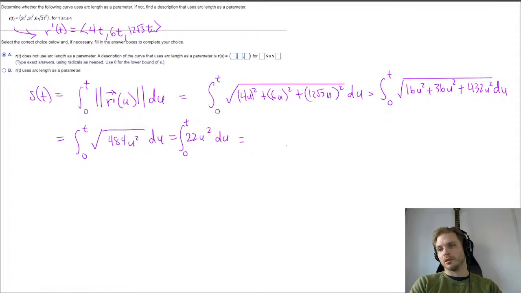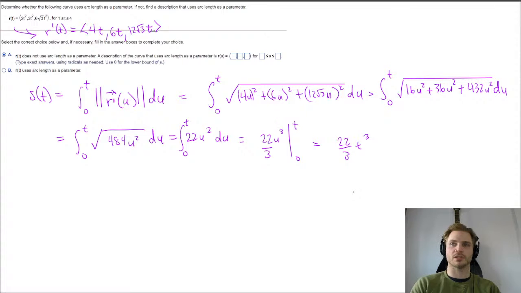And then this is going to be 22u cubed over 3, evaluated from 0 to t, which gives us 22 thirds t cubed. Okay, so that's the arc length function.